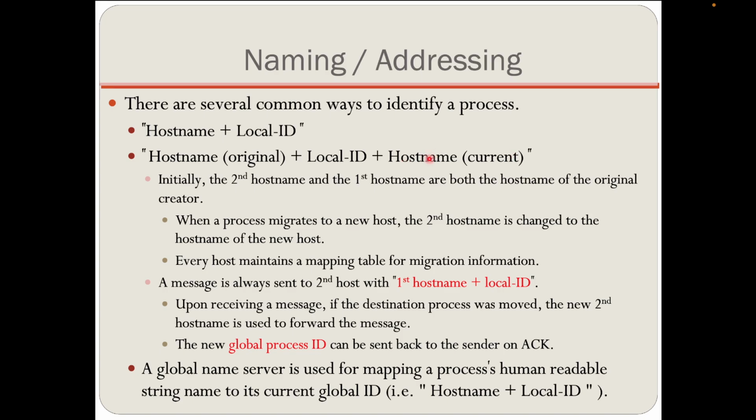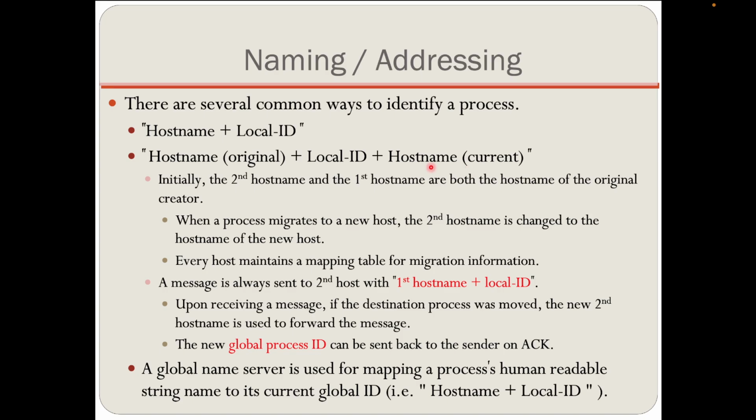The second host name usually is the host that is currently running this particular process. Of course, because the process can be moving around during its life cycle, this name can be dynamically changed.